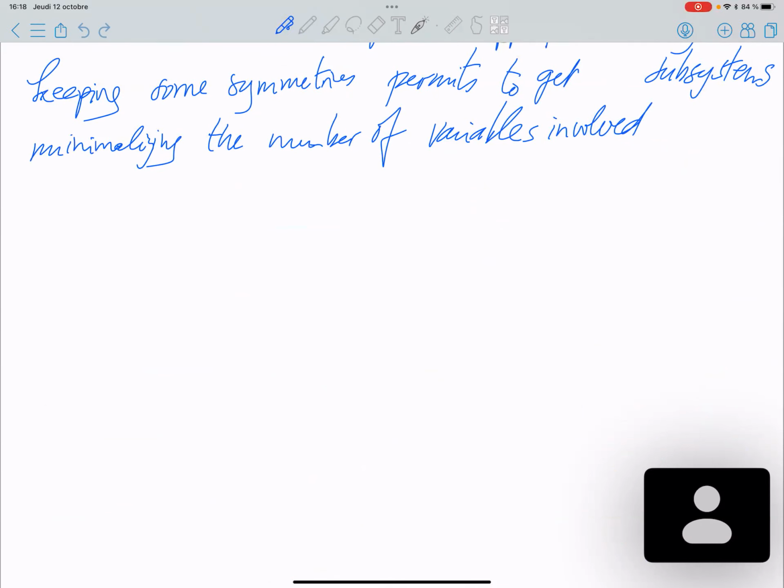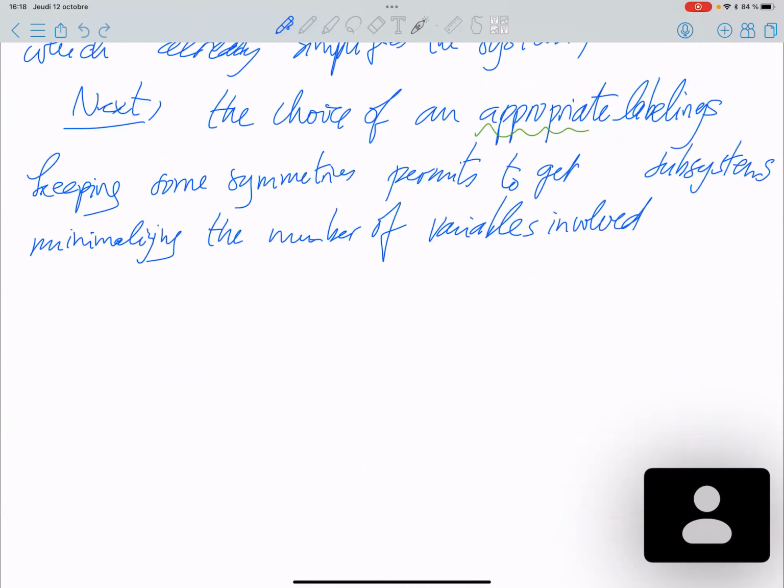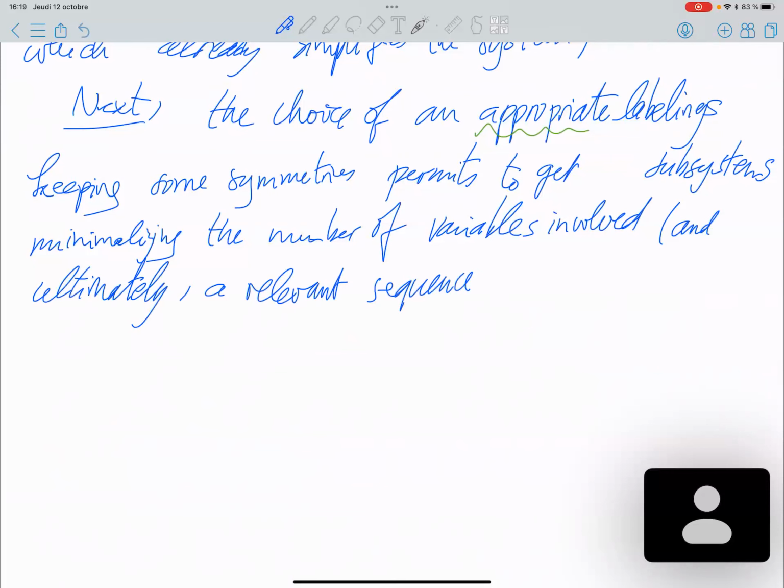So of course, this is for the first step. And then ultimately we want a full sequence, to get a relevant sequence of subsystems.